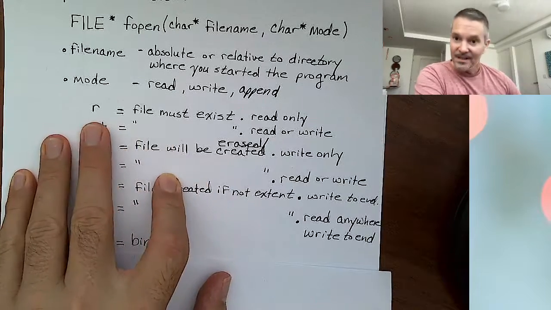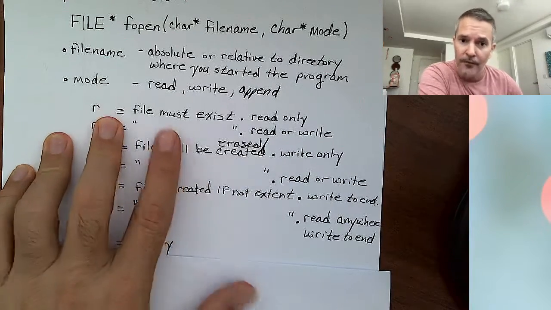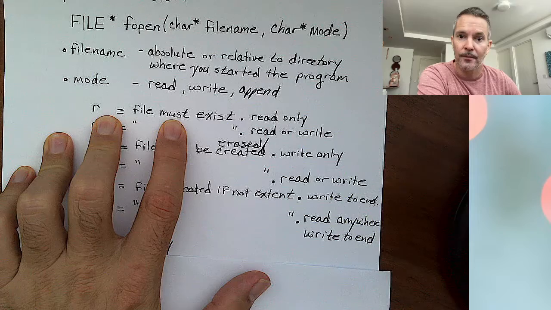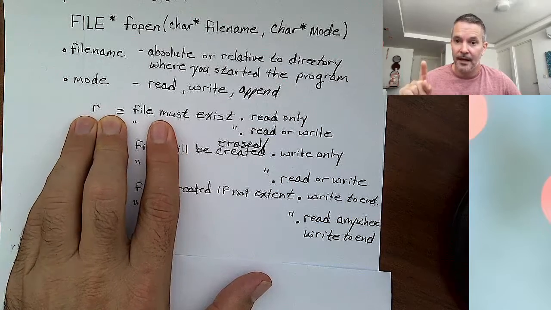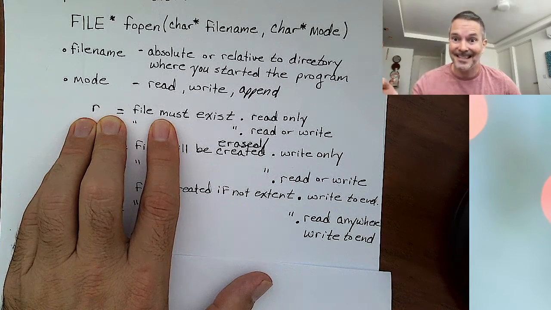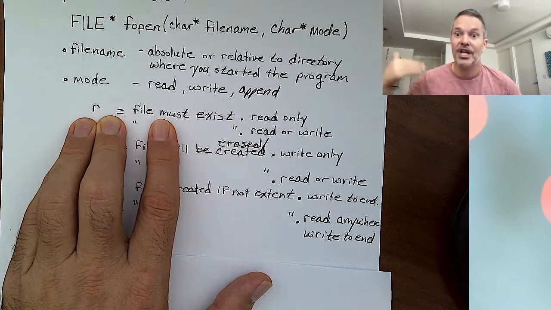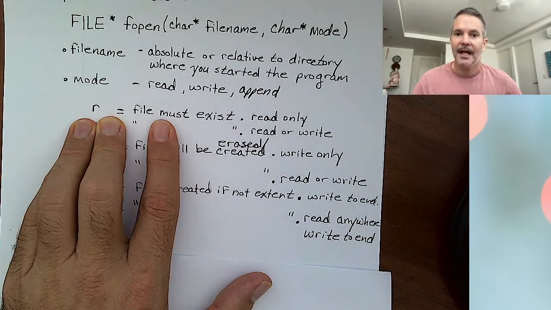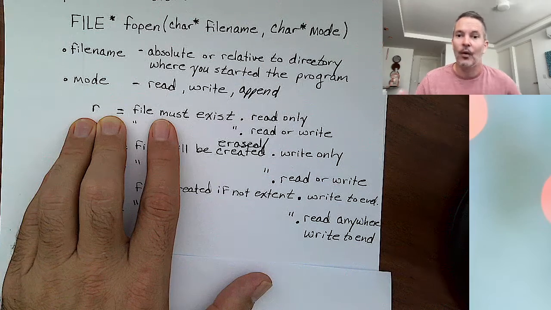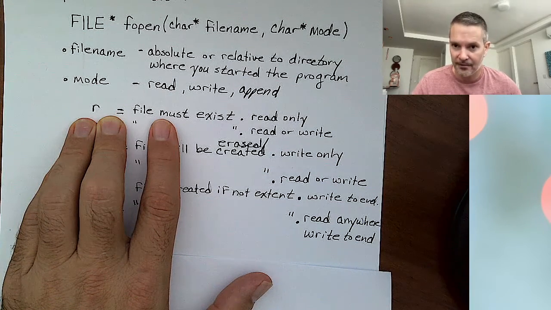So let's get started. If I put an R for the mode, I'm telling the computer two things. First, I want you to open this file for reading, and if the file doesn't exist, I want you to fail. So I'm checking to see if the file exists when I put an R in the mode. And I'm telling the computer, I only want to read out of this file.